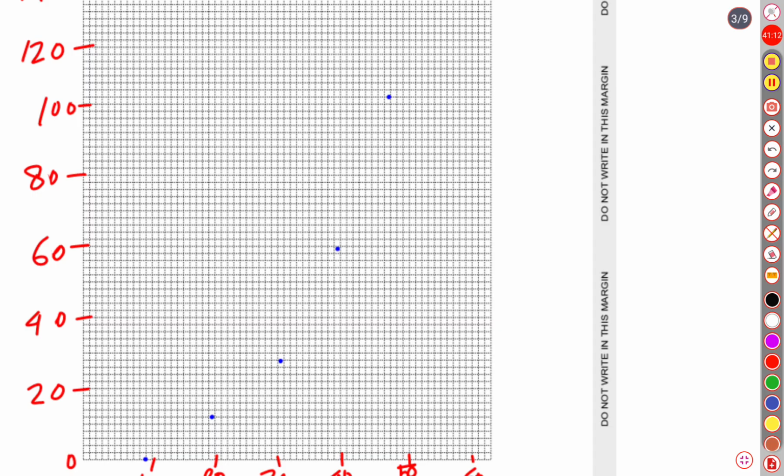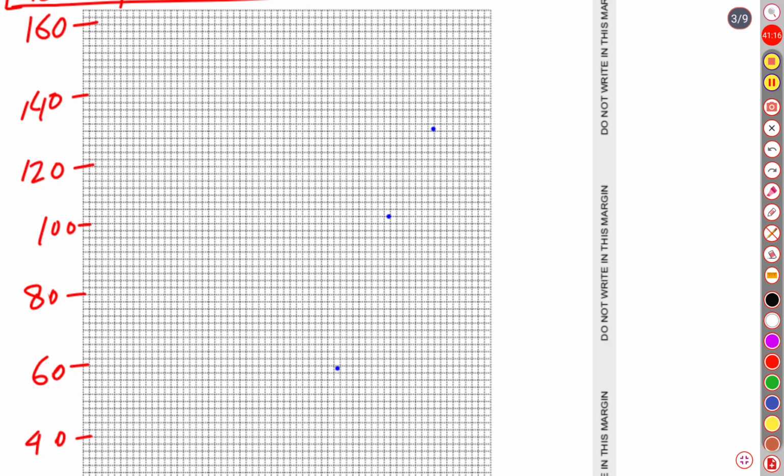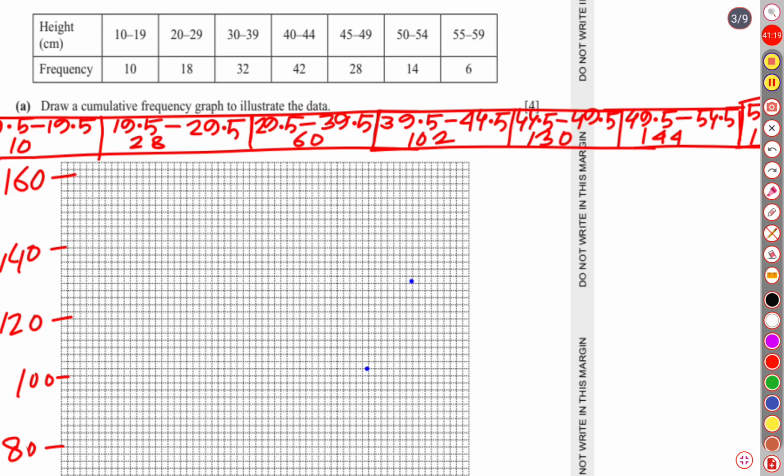Then after 130, 144, and our upper bound is 54.5. So 144 is over here, just two steps up, two steps 144, then it is going to be over here.